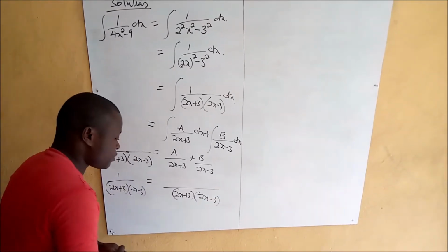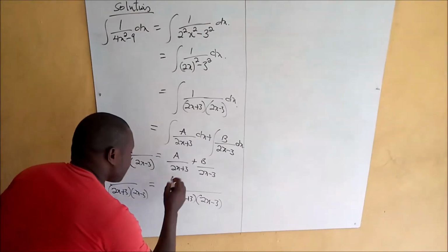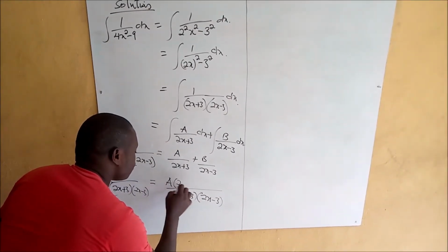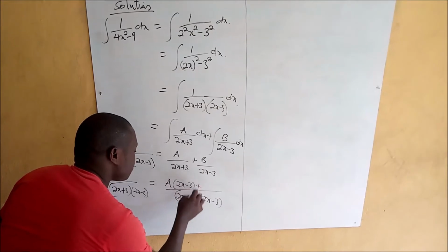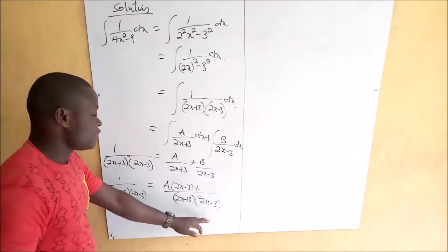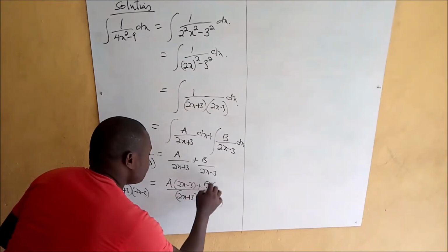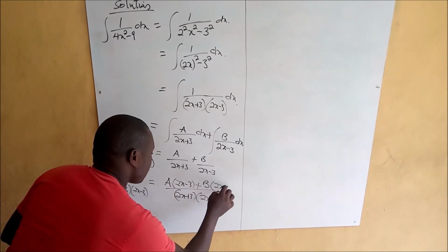Dividing by 2x plus 3 leaves A times (2x minus 3), and dividing by 2x minus 3 leaves B times (2x plus 3).